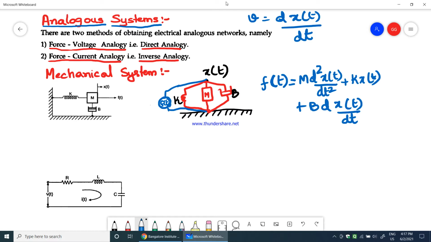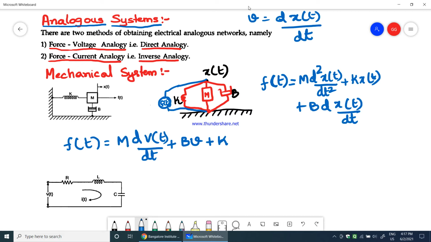Now if I substitute this v in the equation, what will I get? F of t equals m into, since the double derivative of displacement is the single derivative of velocity, m into dv of t by dt, plus b into v, plus k into, if I integrate this derivative I get back x of t.